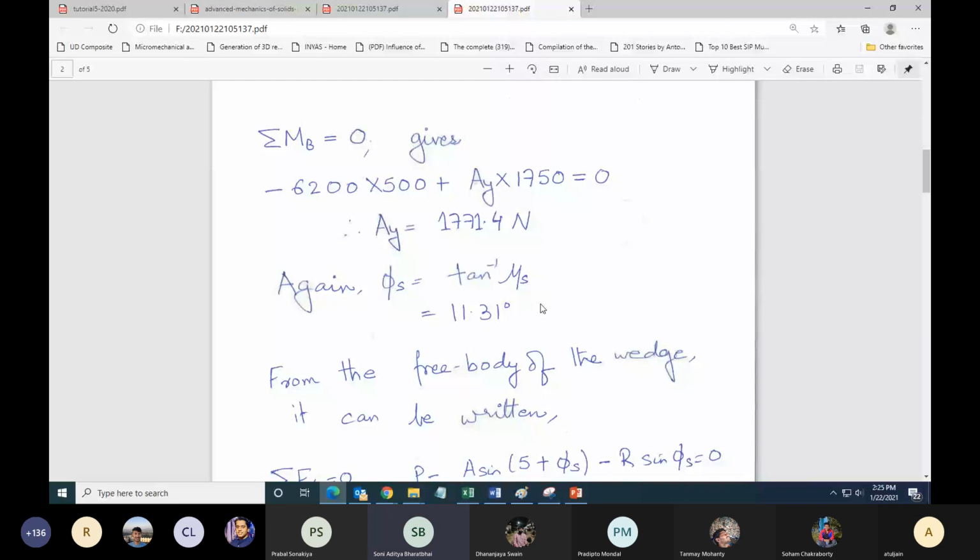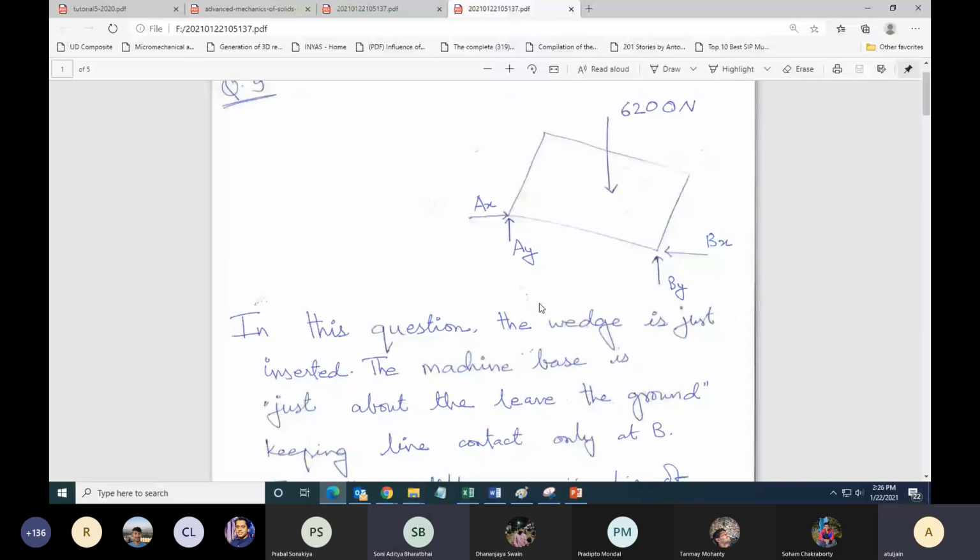Because if we want to slide the wedge just below the block, then the wedge must be having impending motion above the ground, and the block must be having impending motion on the inclined side of the wedge. Means at the contact A, we are assuming friction is mu n and not some other lesser value. That is my question.